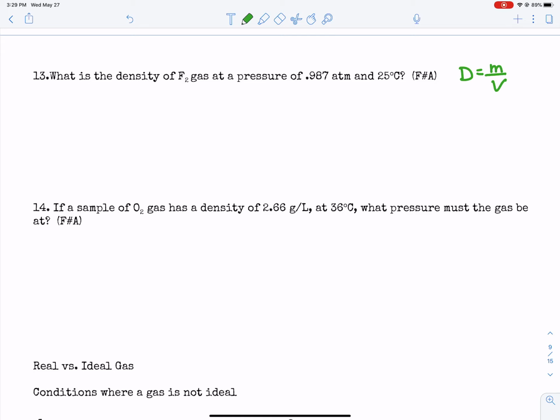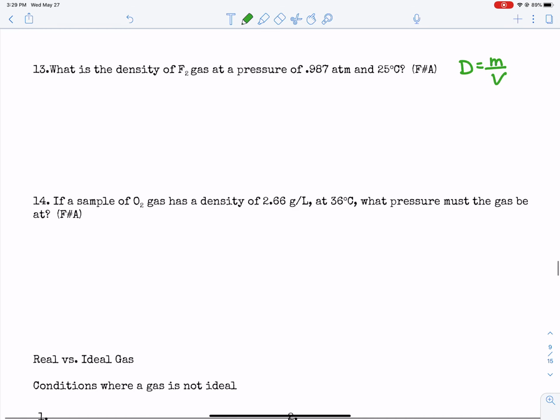If you use that formula, you need to sort of assume how much you have. You could assume 1 mole and then find the mass that way. And you could find the volume of 1 mole of gas and then divide those two. Or you could just use the formula that we derived on the previous page.